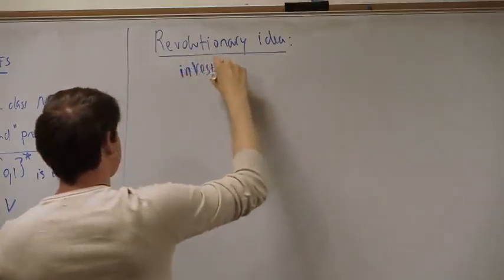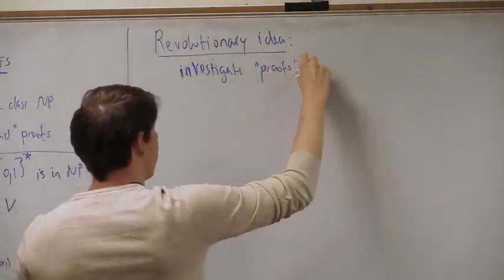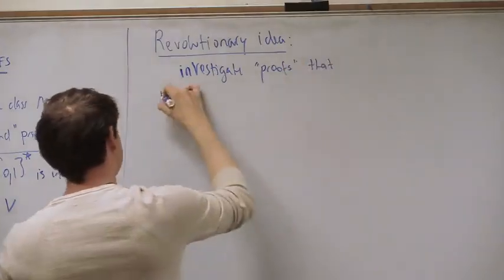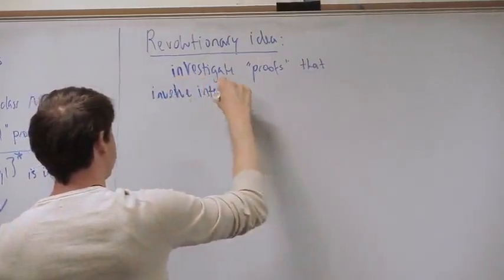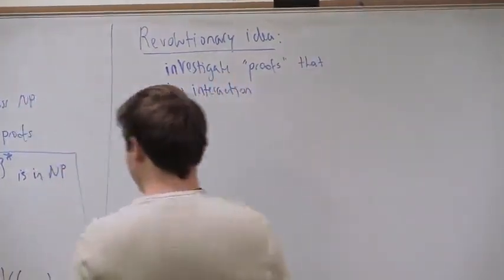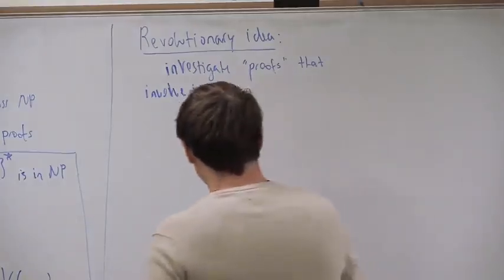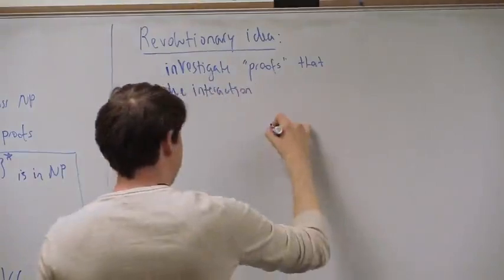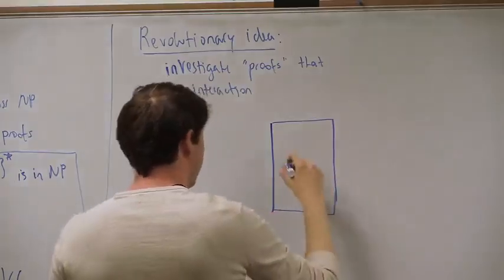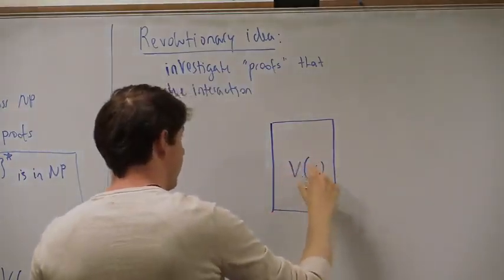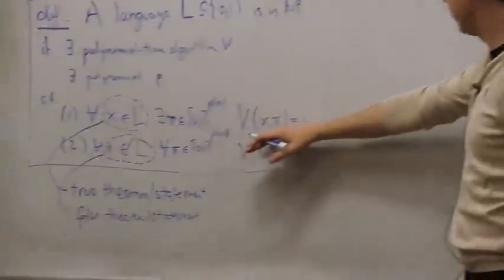proofs that involve interaction. Okay? So the picture here is that your verifier V, which receives X as input, previously would only receive this non-interactive proof pi.